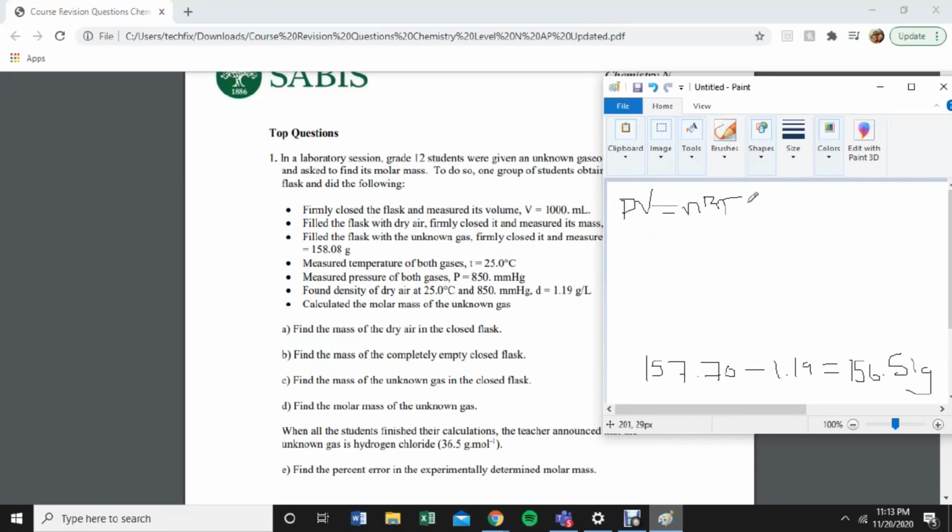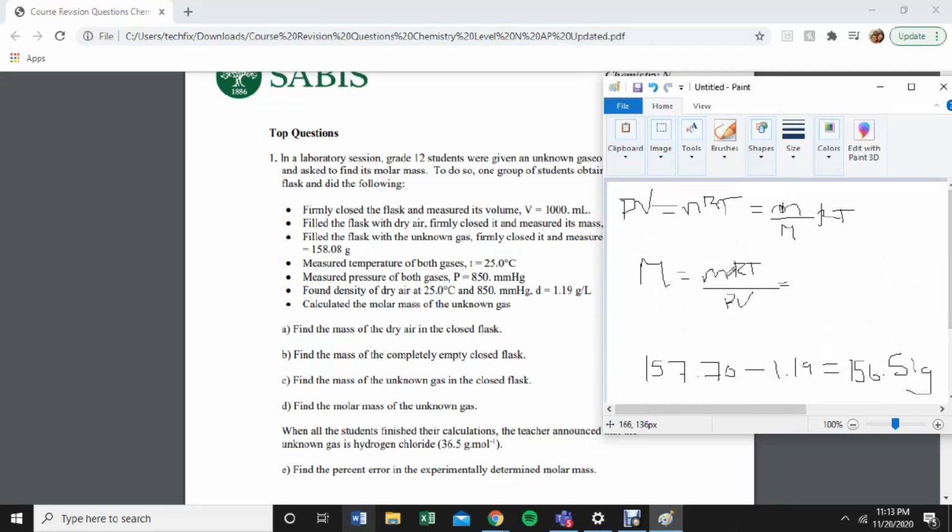But we don't have n, so we substitute it with mass over molar mass, over RT. We're trying to find the molar mass of the unknown gas. So we cross multiply mass to the other side, molar mass to the other side. You end up with mass times R times T over PV. Mass, you have it, we got it from here, 1.57.